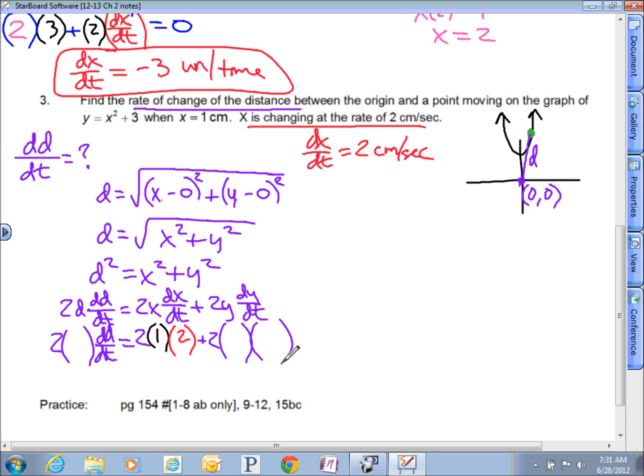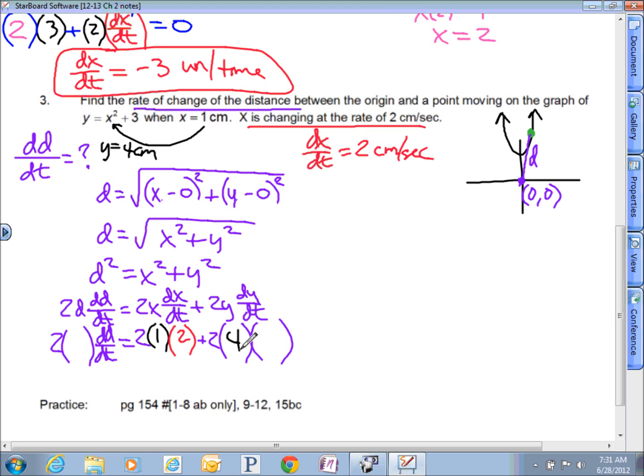Look at the information that you were given. We were given the equation y is equal to x squared plus 3. So if y is the same thing as x squared plus 3, then take this 1 and plug it in, and you're going to find out that when x is equal to 1 centimeter, y is 1 squared plus 3, or 4 centimeters. So let's plug 4 in place of y.